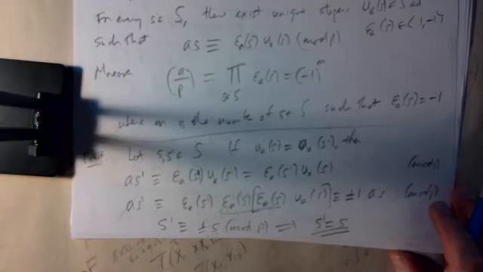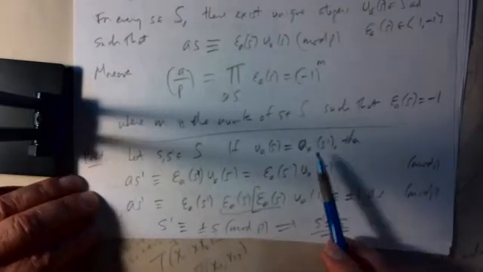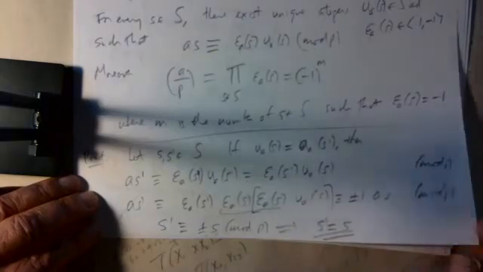If s prime is congruent to minus s mod p, then there'd be something in minus S which was in S, and we wouldn't have a reduced set of residues mod p. That's an important point that you need to think about a little bit. So if u sub a of s equals u sub a of s prime, then s equals s prime.